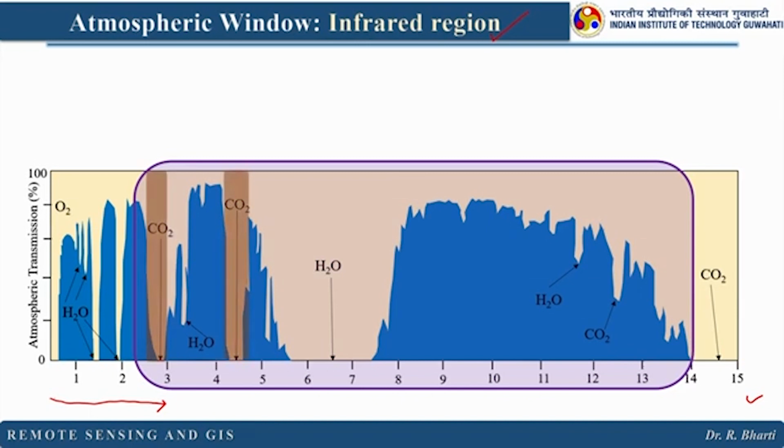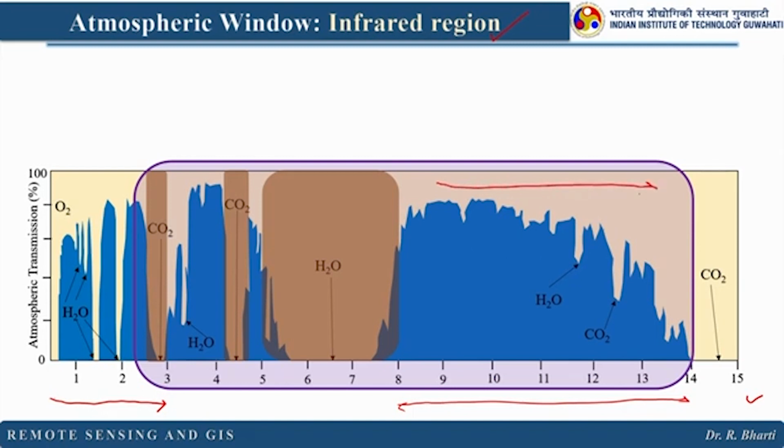Then these are the wavelengths, you can see they are not allowed through our atmosphere. Effectively, from 8 to 14 micrometer, we have good atmospheric transmission. That means if we can capture the energy in this particular wavelength, it will have better information, right?